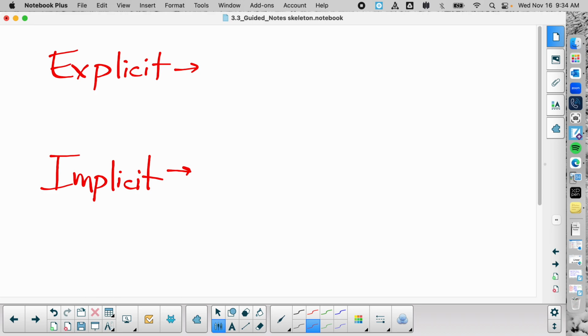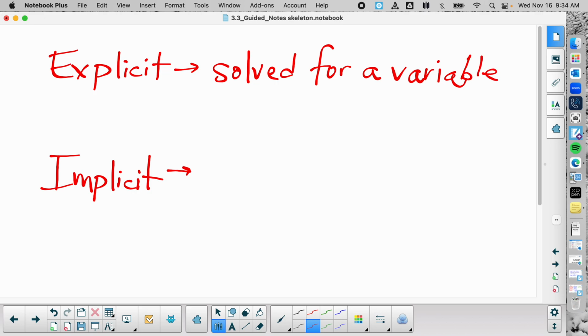Explicit functions is when it's solved for a letter. So explicit is what we normally work with. Like y equals.